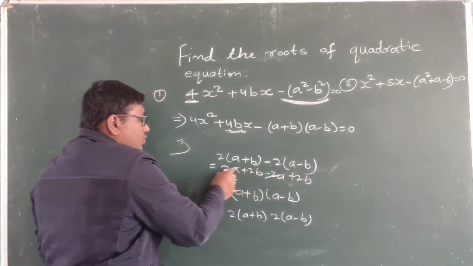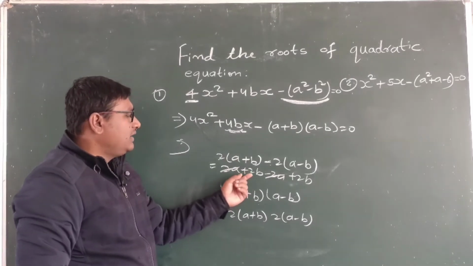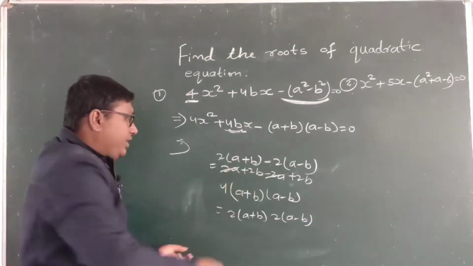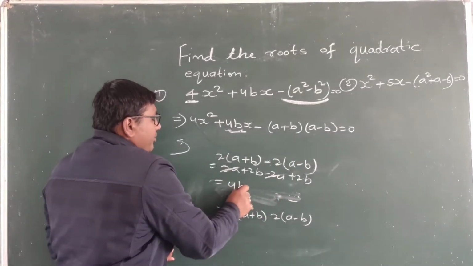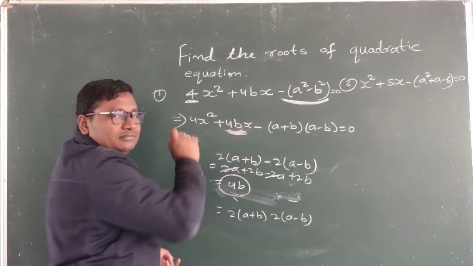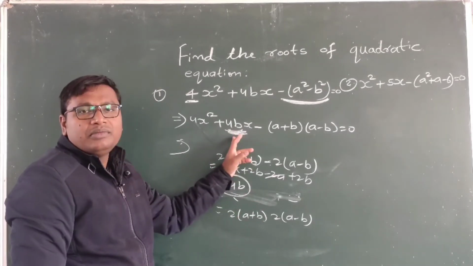Now this 2a will be cancelled because it is in plus and in minus. So what is left? 2b plus 2b will become 4b. Now we have got the middle term. So using this method, you can easily get the middle term.